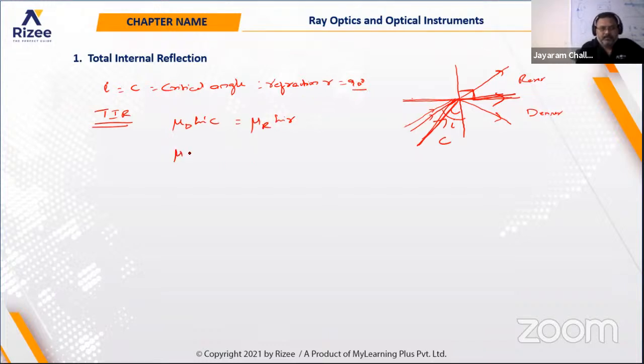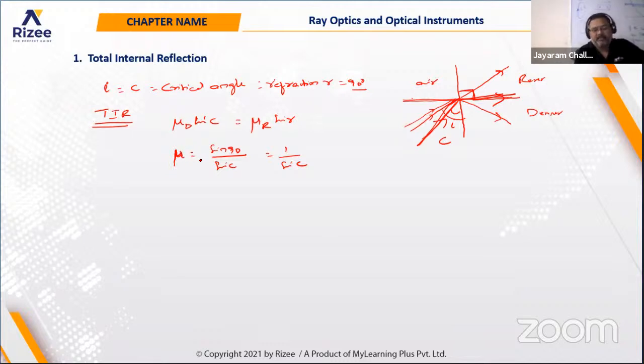Suppose I take the rarer medium as air, whose refractive index is equal to 1. Then mu can be written as sine 90 by sine C, which is equal to 1 by sine C. So for TIR to take place, the angle of incidence has to be greater than the critical angle.